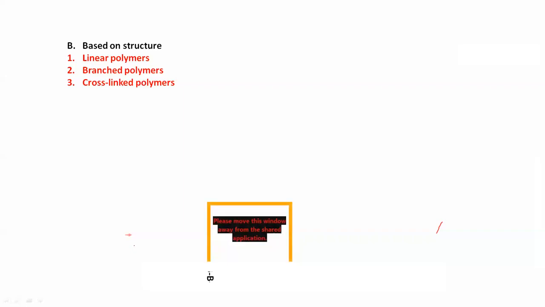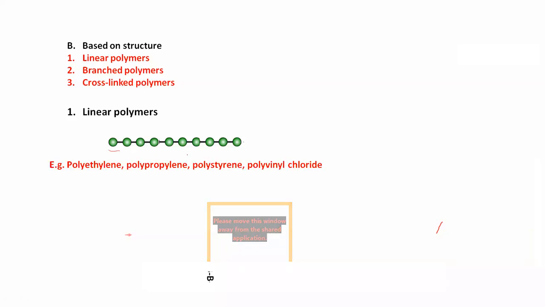Linear and branched we have already seen. Linear is what? Suppose this is one monomer, linked to another monomer, and so forth up to n times. A linear chain: there is no branching, no cross-linking. Polyethylene and polypropylene are mostly linear chain polymers. Then branched polymers. Branch is what?